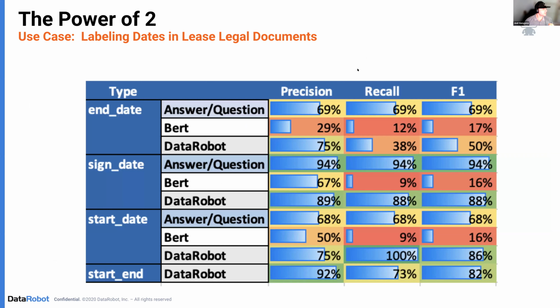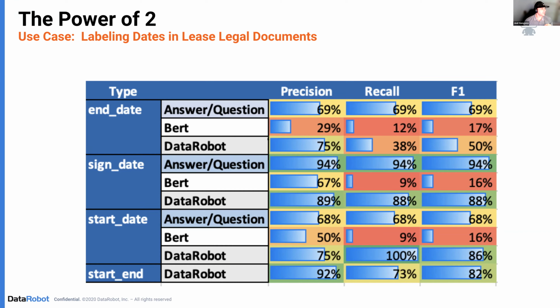Now, here what you're seeing are the results. You can see that we pitted DataRobot against BERT and this question-answering methodology, right? BERT is a really complex model that was developed by Google and supposedly it does fantastic things. However, when it comes to tasks such as this one, it's too complicated. A simpler model was developed in DataRobot, and not simple in the sense that it's easy to implement, but simple in the sense that the architecture is not complicated, right?